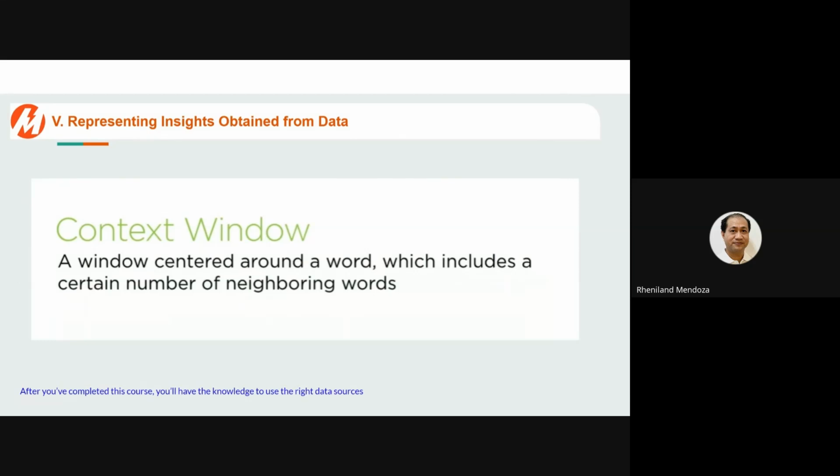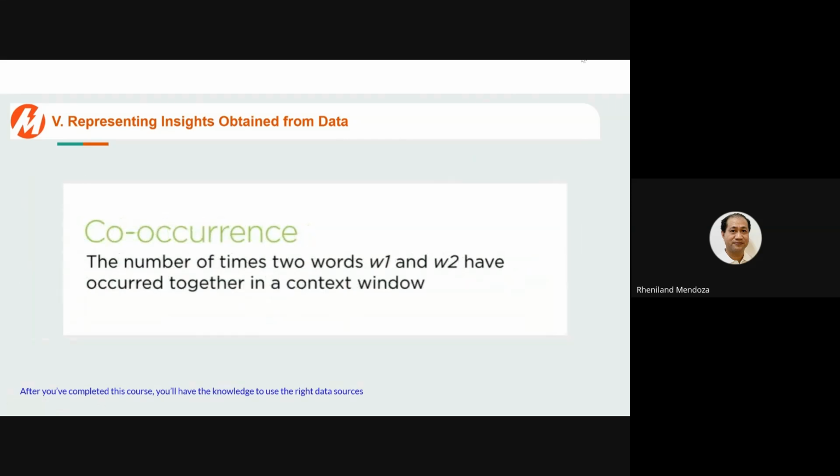This is a window centered around a particular word, and it might include a certain number of neighboring words to the left, to the right, or both. It's also possible to build up a co-occurrence matrix representation of the word using this context window. Co-occurrence is basically the number of times two words, W1 and W2, have occurred together in a context window.